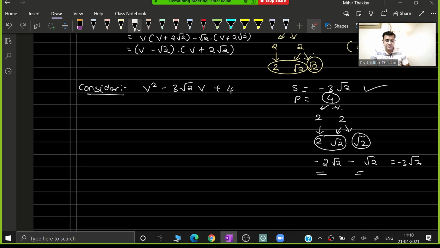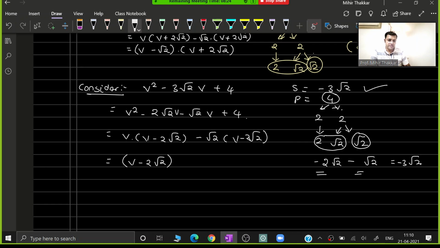Therefore, I will write this as, plus 4. Take out v common, v minus 2 root 2, again v minus 2 root 2. So this is going to be equal to v minus 2 root 2 multiplied by v minus root 2.